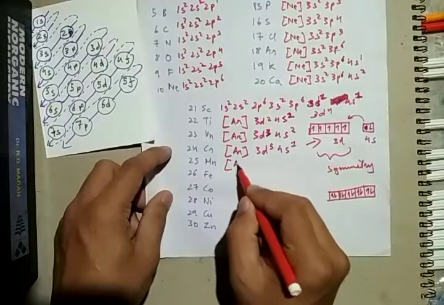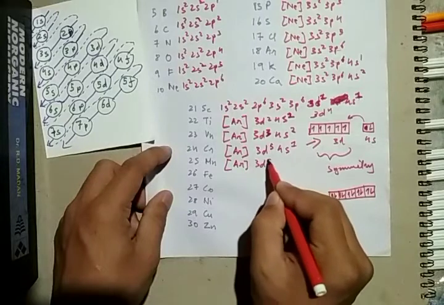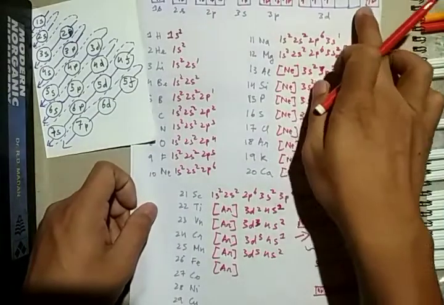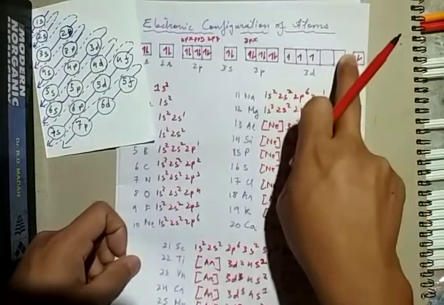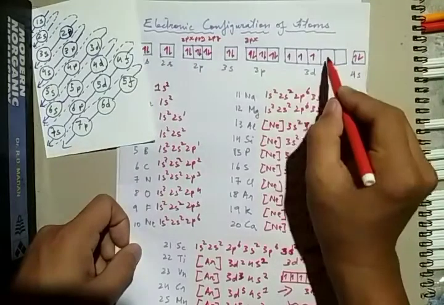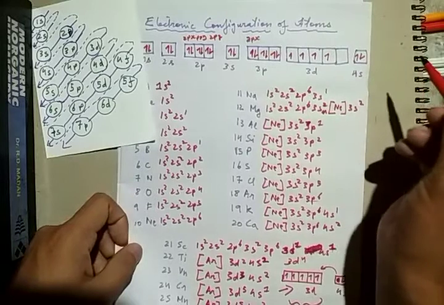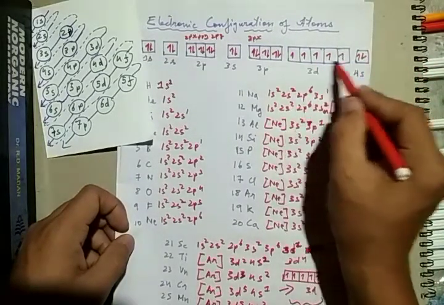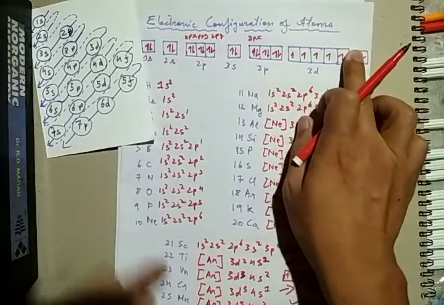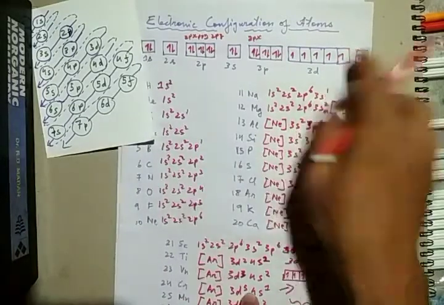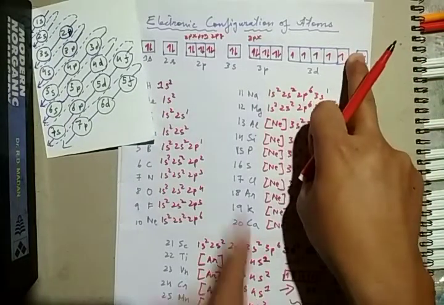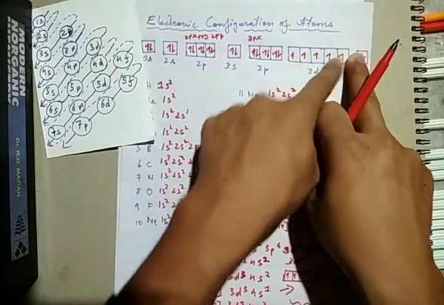Now for manganese, we have 3d5 4s2. For chromium, one electron will be missing here and it will jump here. After chromium, for manganese we can add one electron here. Chromium has one electron missing, and 5 electrons will be in the d orbitals.